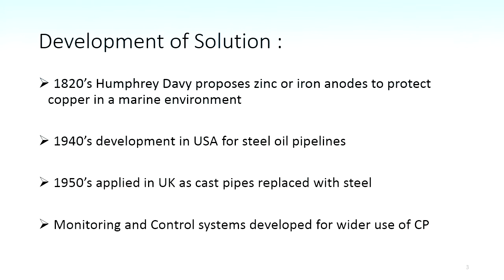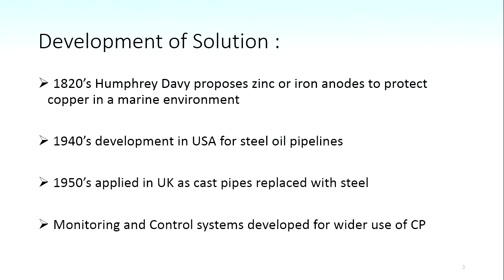Since then, we've developed more sophisticated systems, so we've moved away from sacrificial anode dominated systems to cathodically controlled systems, applied potential systems. And that really came about because of the pipeline developments initially in the US, where steel pipelines started up, and then later on in the UK, as we started changing some of our infrastructure, which had cast iron pipes to steel pipes.